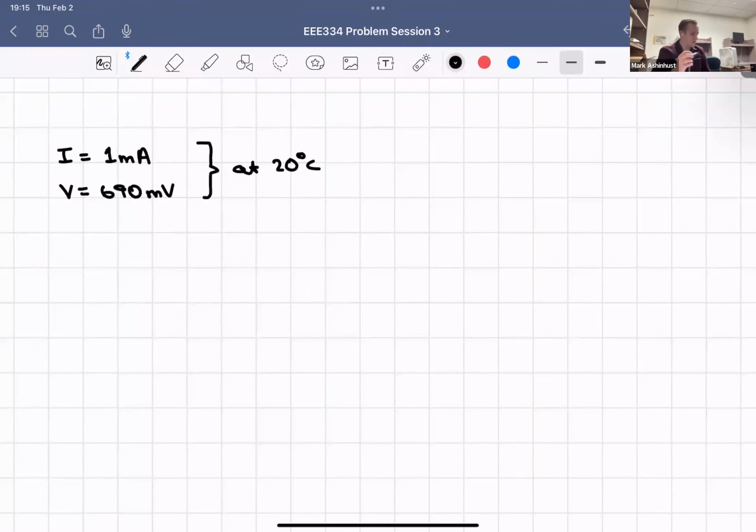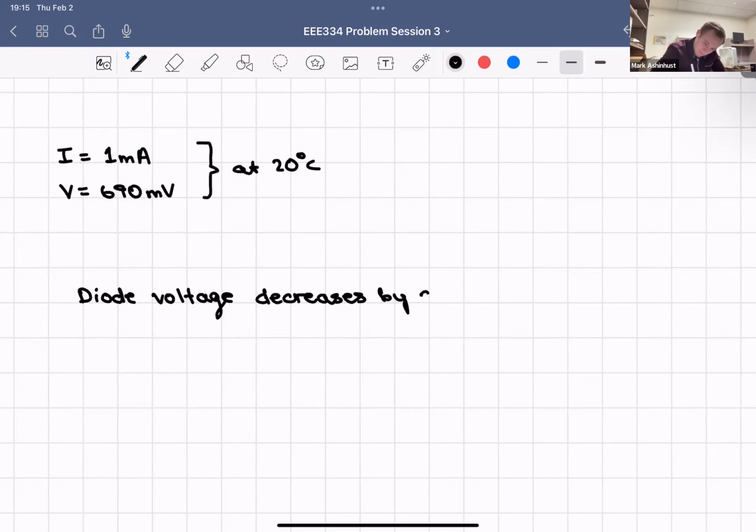And that's pretty easy to figure out because diode voltage decreases by about 2 millivolts for every 1 degree Celsius change in temperature.